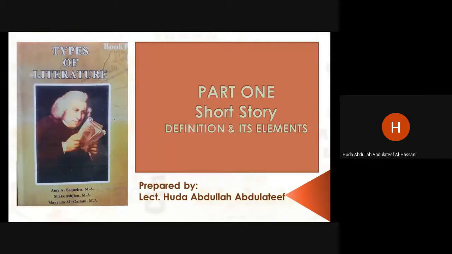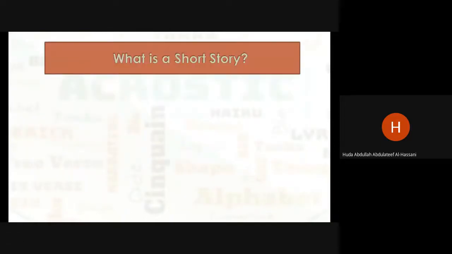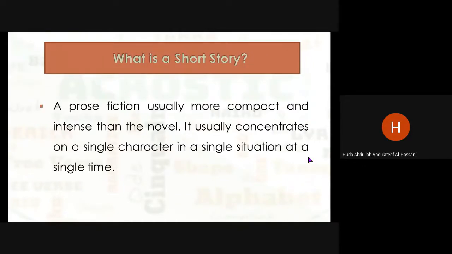Our lecture today is about short story, its definition and elements. Well, first of all, we should define a short story. In the previous lecture, we defined a short story as a prose fiction, usually more compact and intense than the novel.